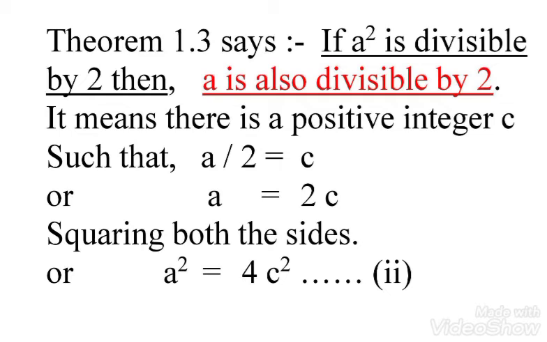Theorem 1.3 says, if a square is divisible by 2, then a is also divisible by 2. It means there is a positive integer c such that a divided by 2 is equal to c, or a is equal to 2c. Squaring both the sides, a square is equal to 4c square.